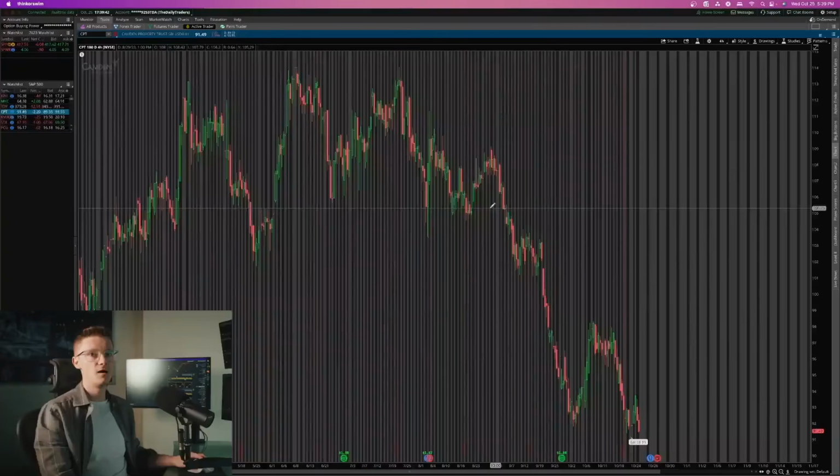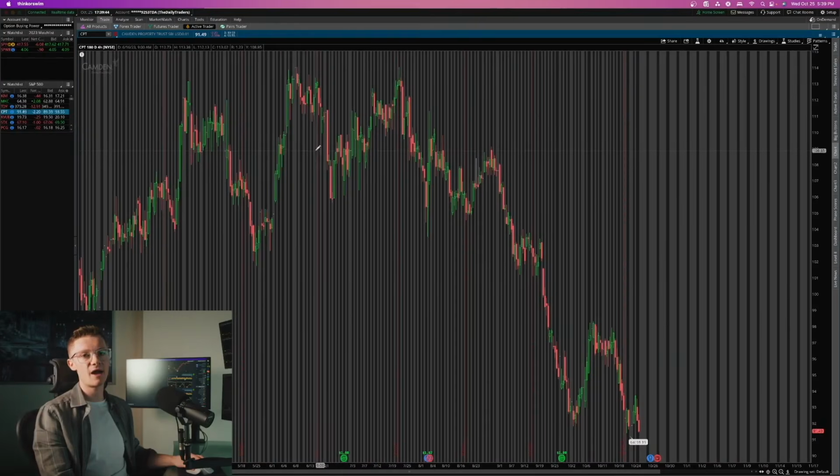But I wanted to talk about the fact that the more tests of either a support or resistance area, that is going to further validate that level on the chart. And I'll show you what I mean by that. So on CPT, I'm looking back in June, but just for an example here, you can see we ended up hitting an area of resistance at 114.04.